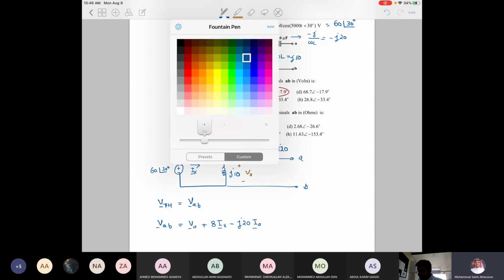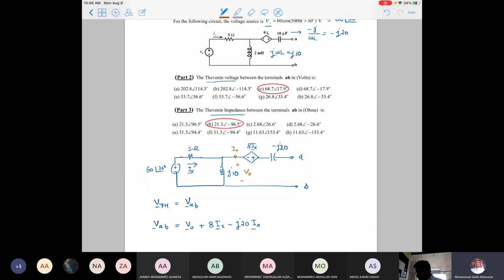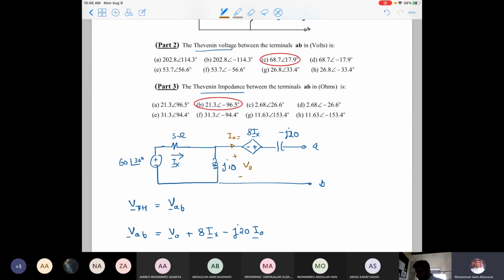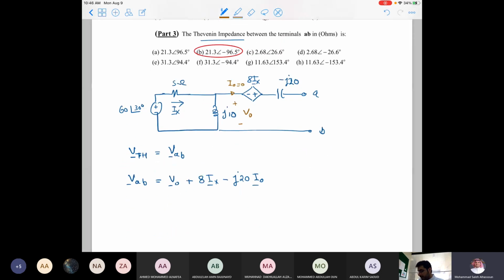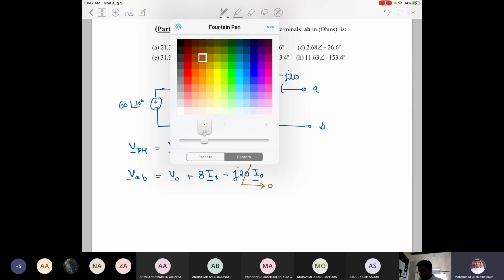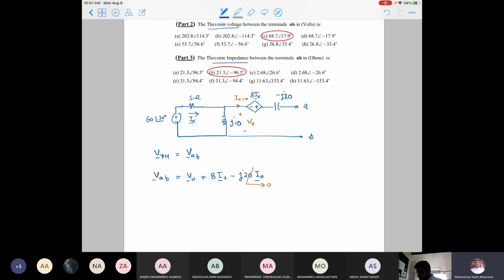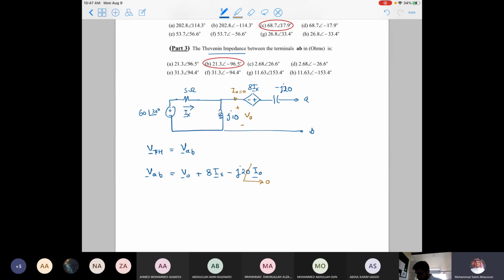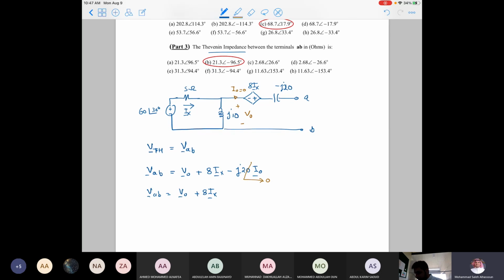But notice here the following. This is an open circuit, so I0 will be 0. So there will be no current flowing in this direction. So this implies that this term is 0. So VAB, or Thevenin in this case, is 8 IX plus V0.